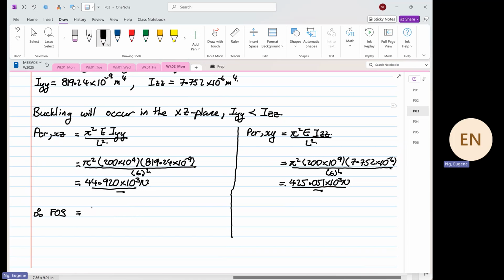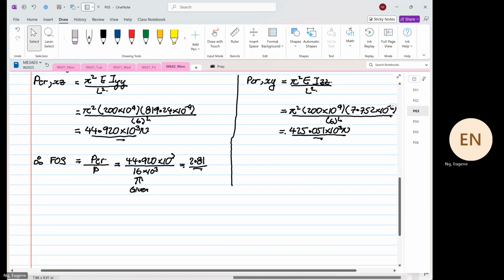So it's P critical divided by P. P critical is 44.920 times 10 to the power 3 divided by P, which is equal to 16 times 10 to the power 3. Now this 16 is given. So 44.92 power 3 divided by 16 power 3 is equal to 2.81. Okay, safety of factor.